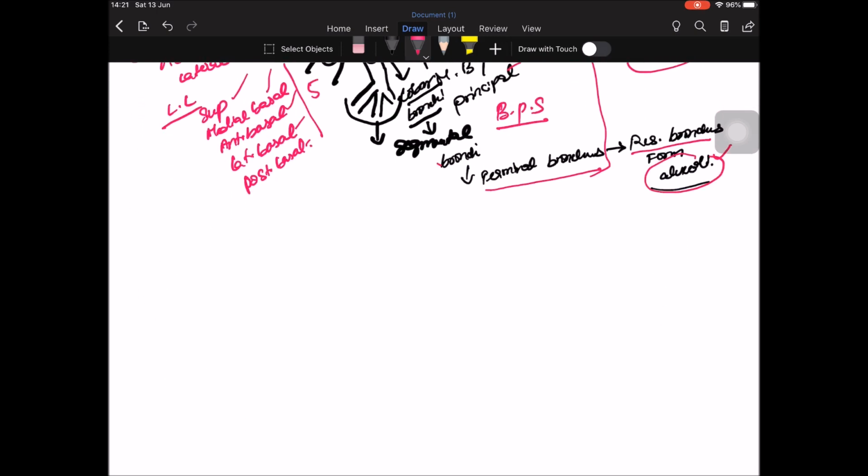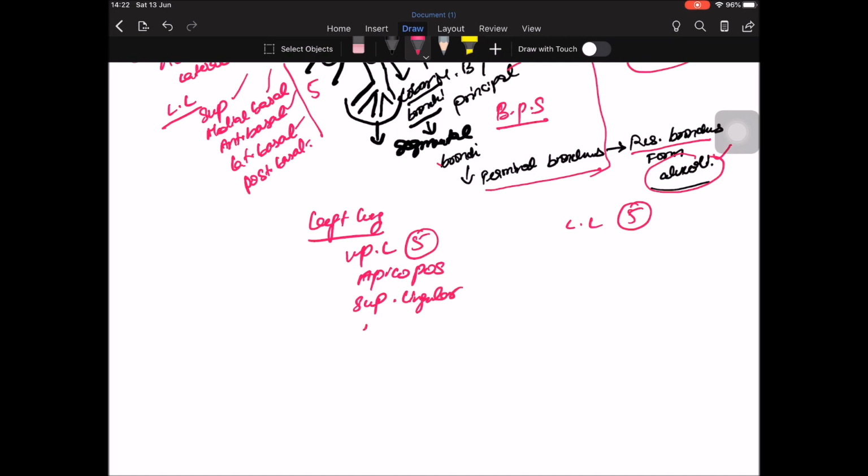So likewise in the left lung, from lobar bronchi it divides into segmental bronchi. It has only upper lobe and lower lobe. Upper lobe has 5 segments, lower lobe has 5 segments. Upper lobe has apico-posterior, superior lingular, inferior lingular and anterior.